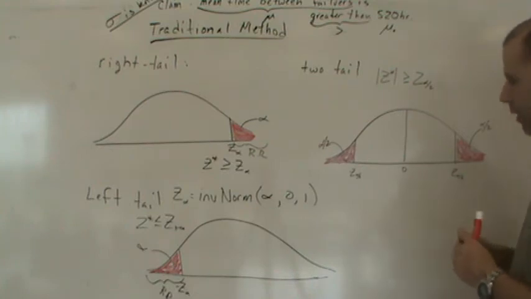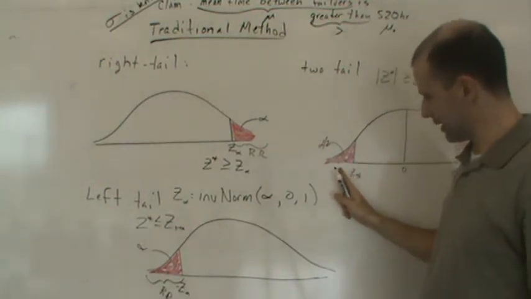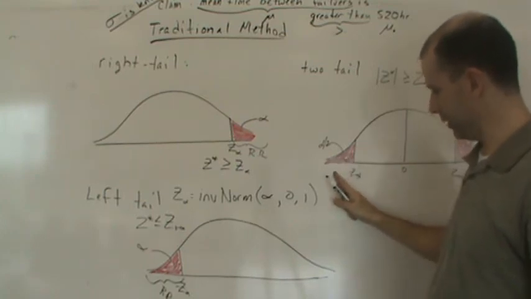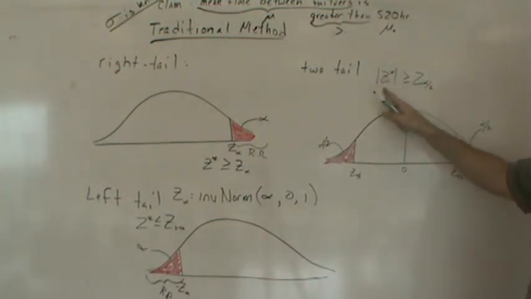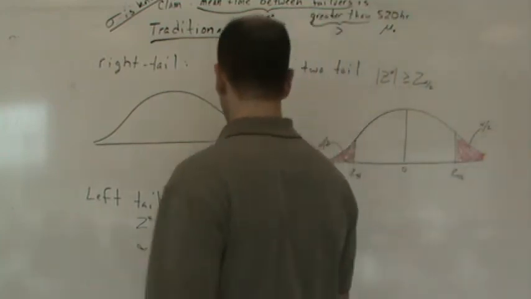If our test statistic falls within the left rejection region and we make it positive, it flips automatically over to the right rejection region. So if we take the absolute value of our test statistic and compare it with the positive value, we take care of both possibilities. So that's the traditional method.